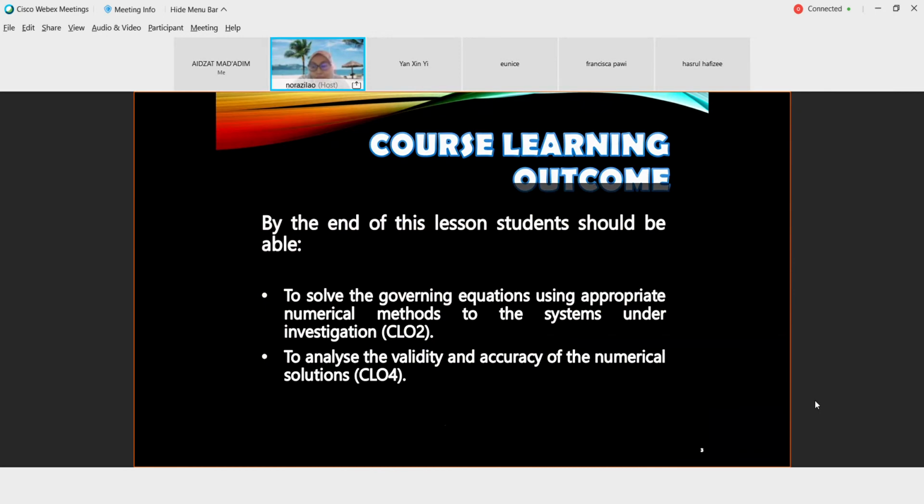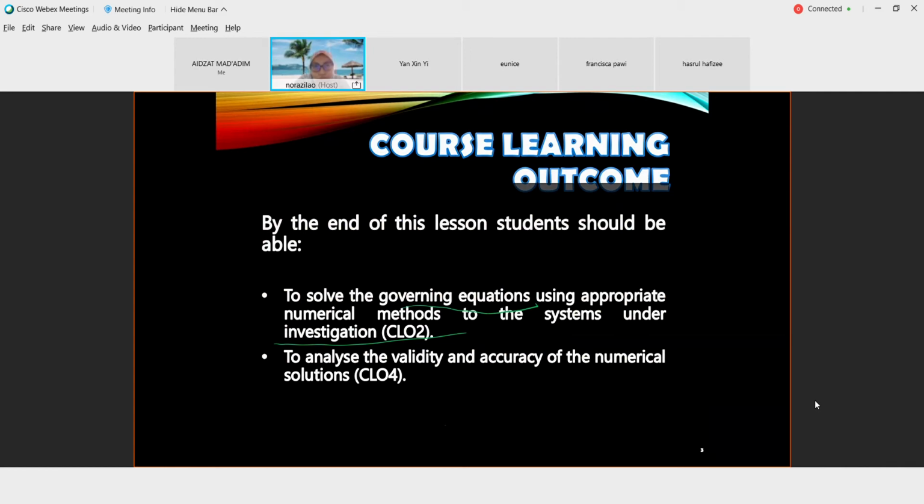What is the outcome for this topic? By the end of this topic, students are able to solve the governing equation by using an appropriate numerical method for the system under investigation. You are able to solve any governing equation using IVP methods. The second outcome: students are able to analyze the validity and accuracy of the numerical solution.